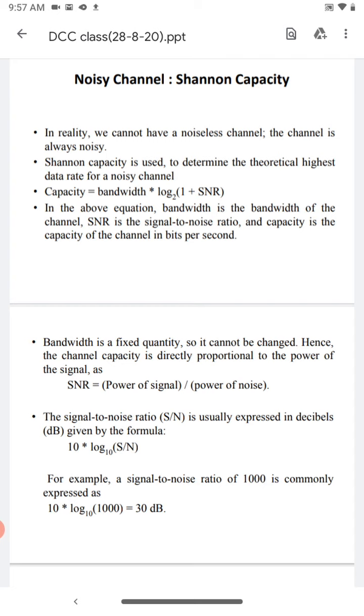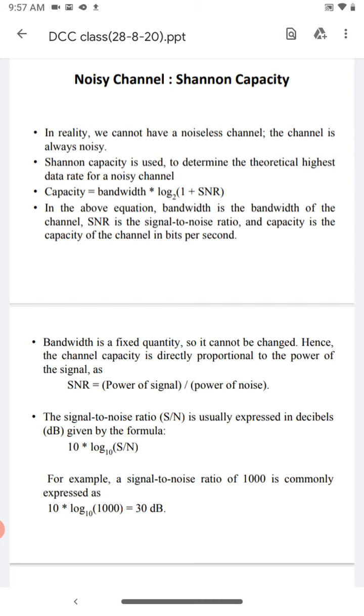So in the noisy channel, there's a Shannon capacity. We can calculate the bit rate. The formula is capacity equal to bandwidth into log 1 plus SNR to the base 2. Bandwidth is a fixed quantity, so it cannot be changed.